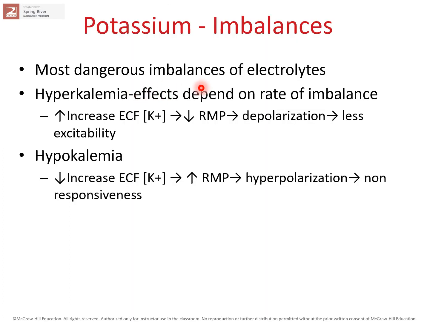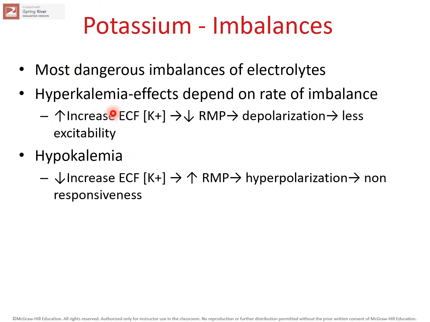Now, potassium imbalances can be one of the most dangerous imbalances in the body. So, increased levels of potassium in the extracellular fluid is called hyperkalemia, and low levels of potassium is called hypokalemia. Nearly 98 percent of the body's potassium is contained in the intracellular fluid, right? And this is important for maintaining the resting membrane potential.